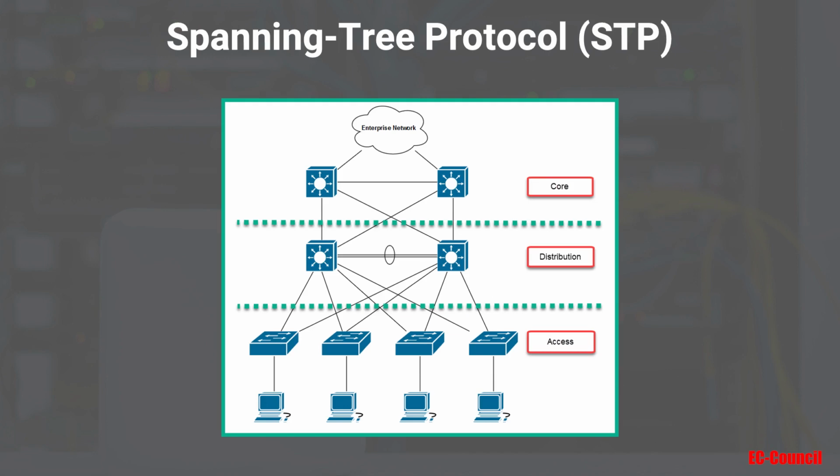Well, without spanning tree, A1 will send it to the distribution switch 1, send it to distribution switch 2. Each of these switches, distribution switch 1 will forward it to all possible available paths. And as you can imagine, eventually all these switches will be looping the messages over and over and over, providing that PC4 is not available.